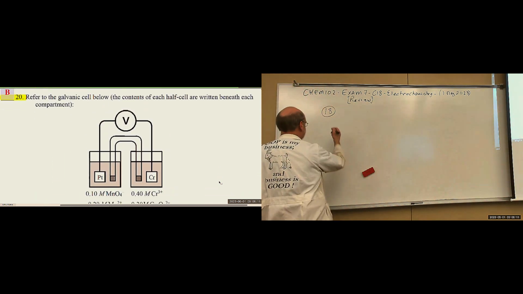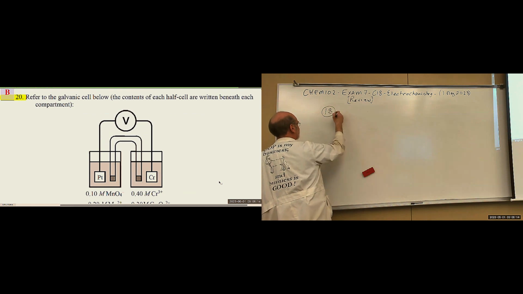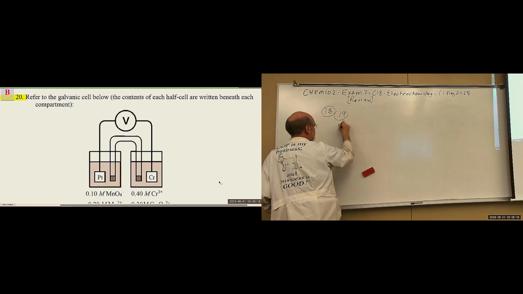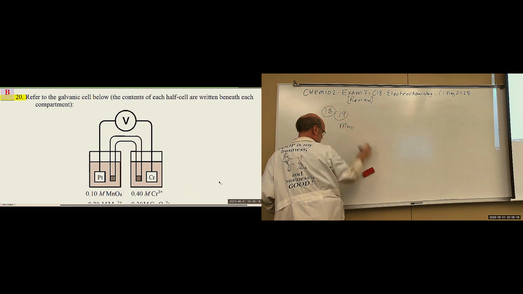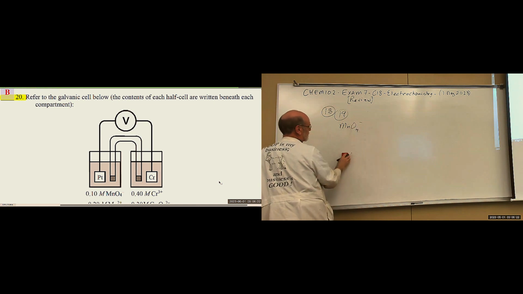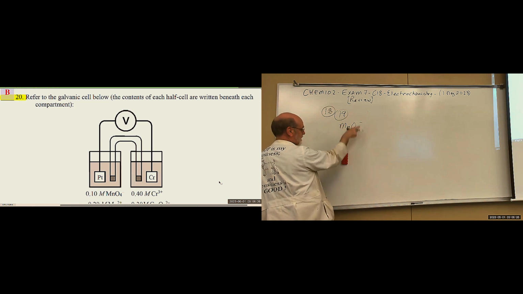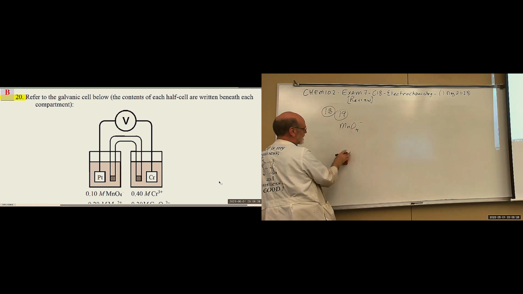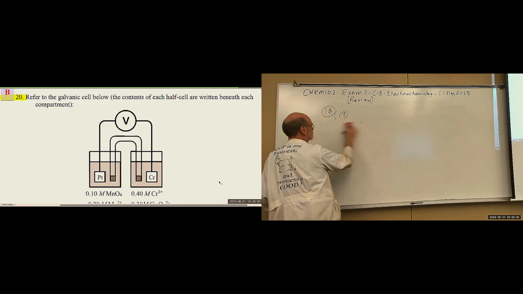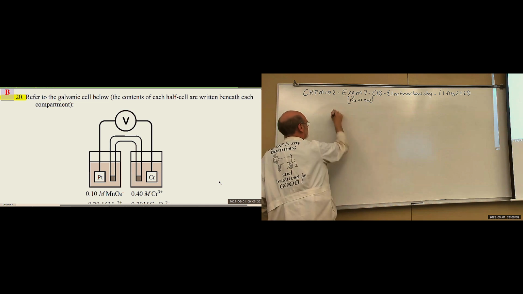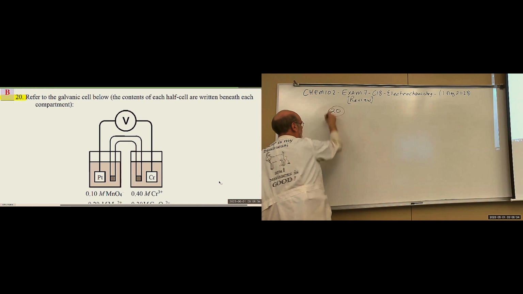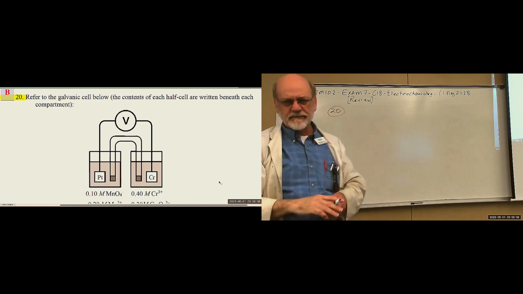Okay. 19. The answer is MnO4 minus was the species being reduced. In fact, the manganese in that polyatomic ion is the part being reduced. Now we do 20. All right, let's see if we can.